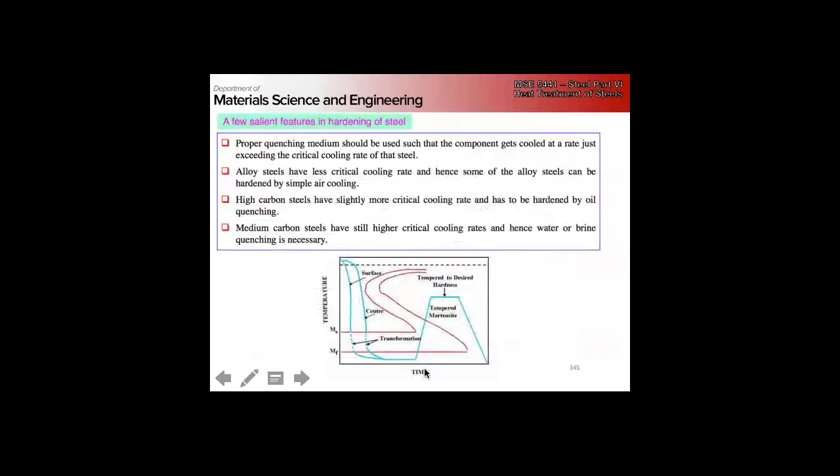Come back up, but we don't go too near the critical temperature. We don't want to austenitize anything, but we want to come back up in temperature, temper, and allow for diffusion of the carbon to form carbides and give us some ductility back. And so the critical thing is going to be the quench rate.